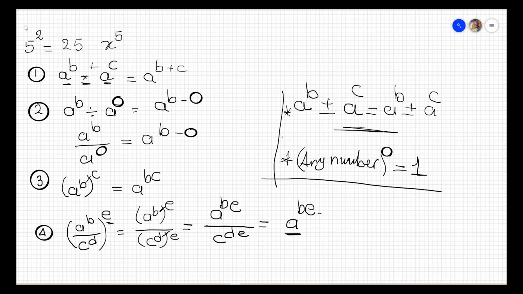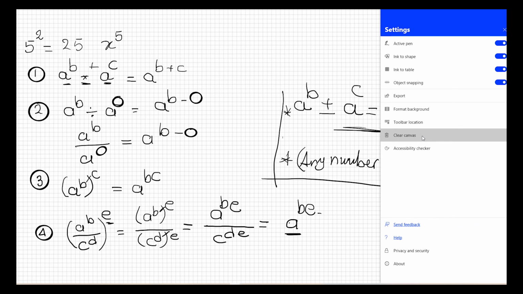Okay, so now we already talked about the properties of exponents. Let's clear our canvas and go to radicals. What are radicals? You could have seen it before in the shape of a root. This is a radical. But what are the radical components?